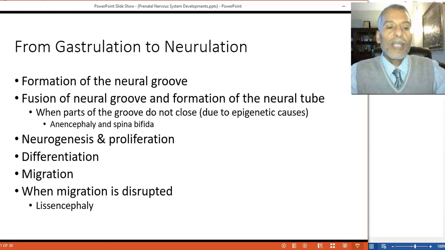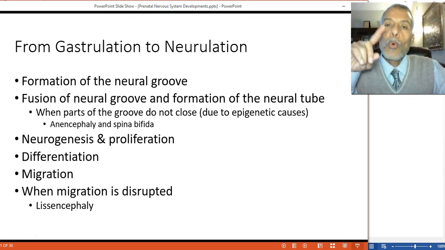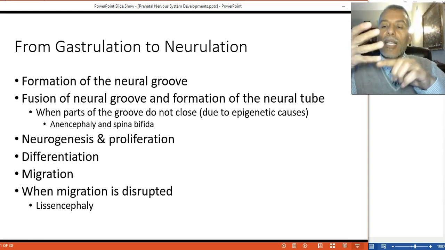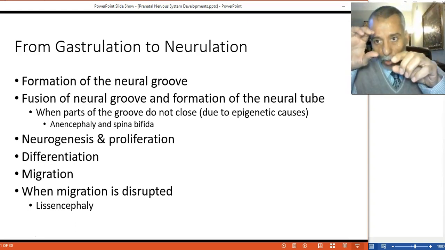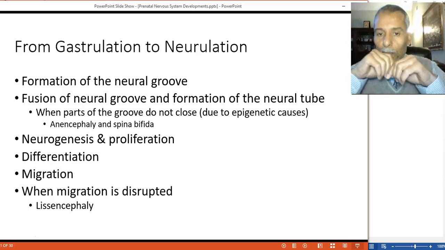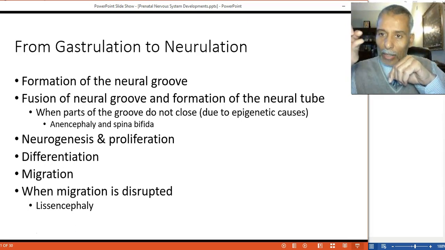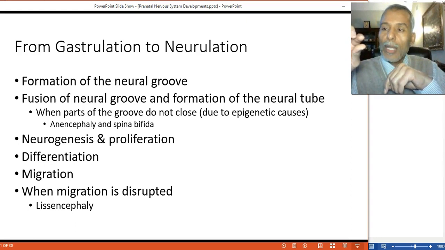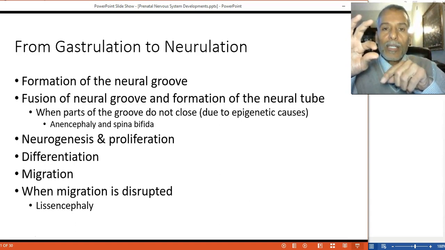So that condition, lissencephaly, results in a disorganization of the various layers of the cortex. The cerebral cortex, that little top layer that I mentioned in the previous class, is about 4 millimeters thick, and it has 6 layers.